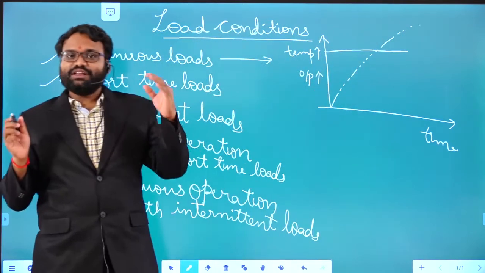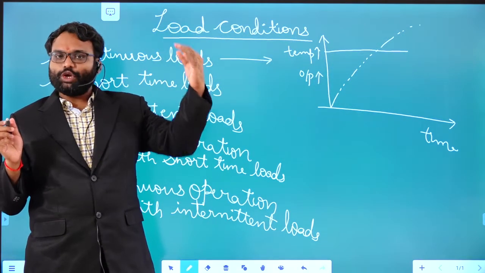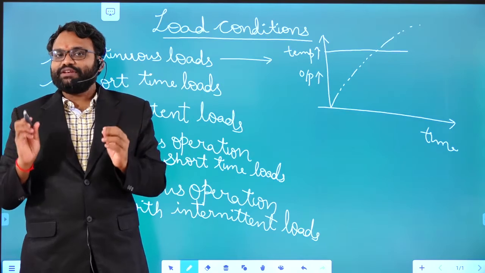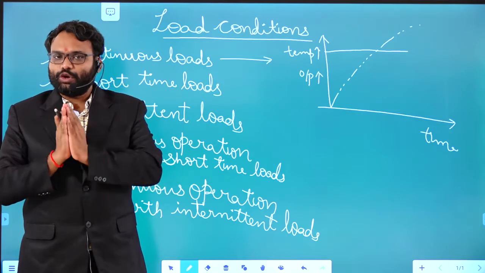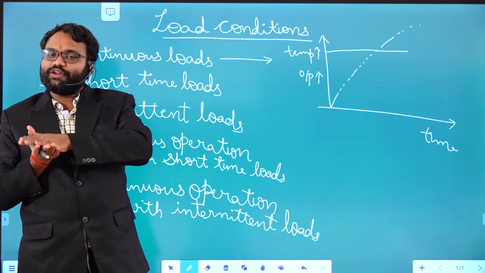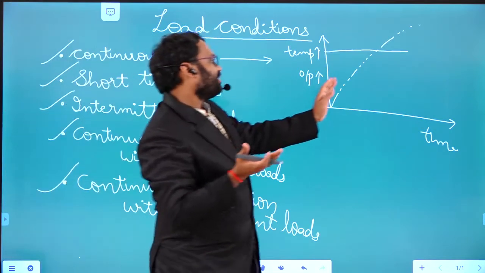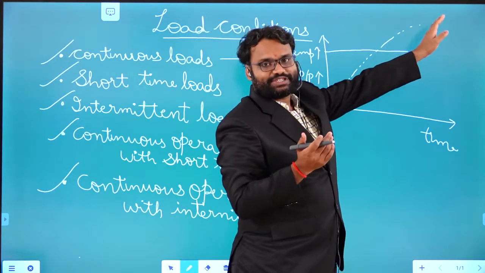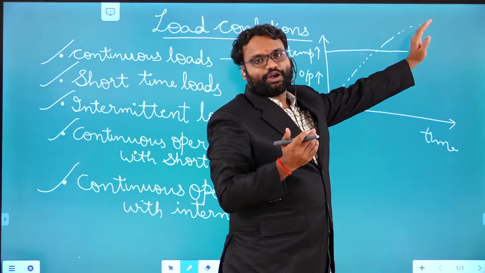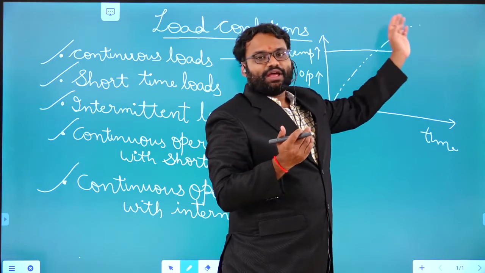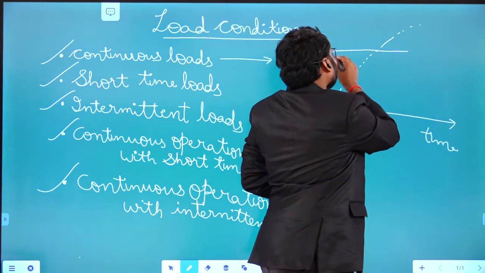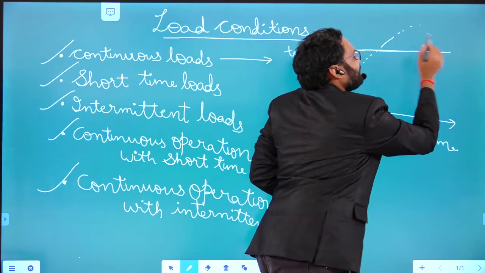The temperature will keep on increasing, because we are not giving any time for the load to switch off from its on mode condition. The dotted line represents the temperature, which keeps increasing, and the consumption of the load has become constant.